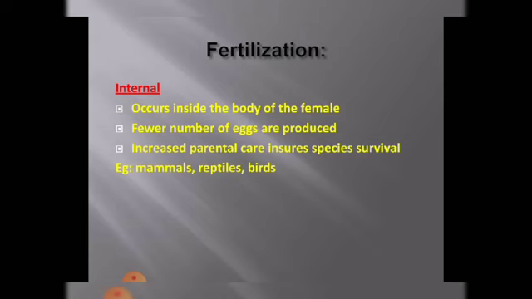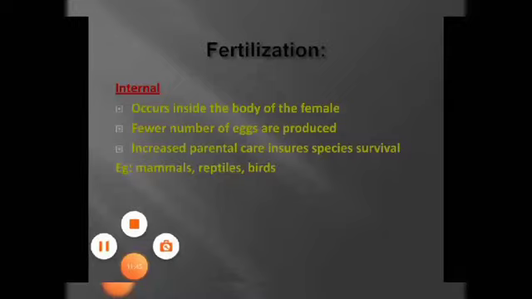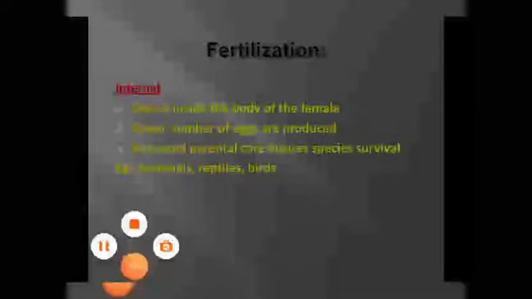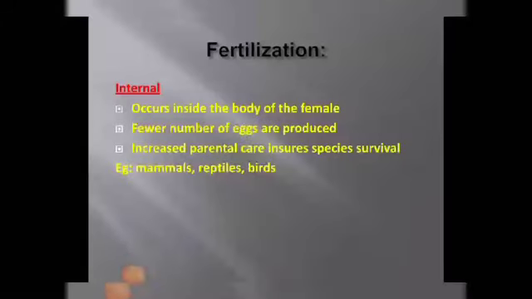But for internal fertilization, it depends on active swimming, transportation, and muscular contraction, which is very important, because the muscles of the uterus are stiff and contraction has to take place so that the sperm moves towards the egg. Only then will fertilization take place. So this is about internal fertilization and external fertilization.